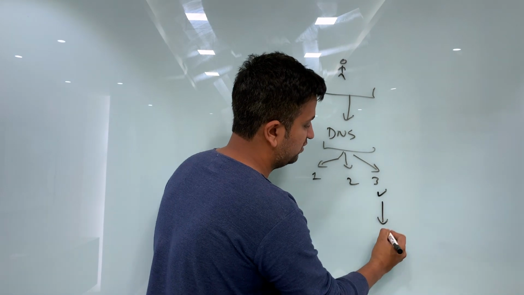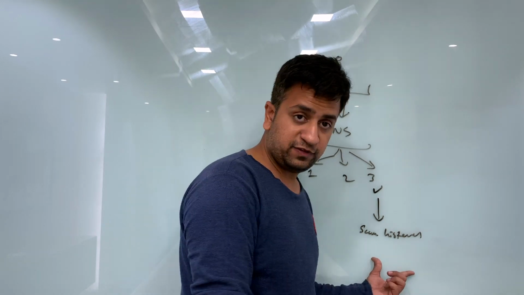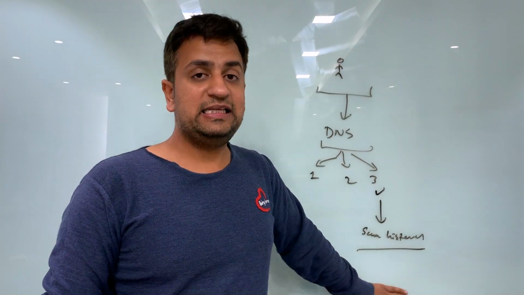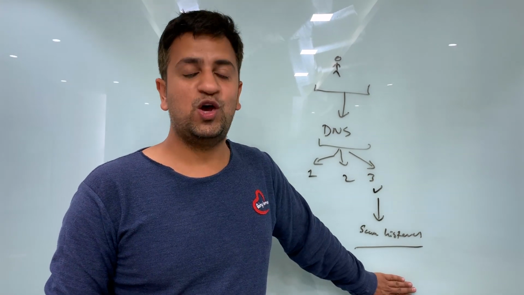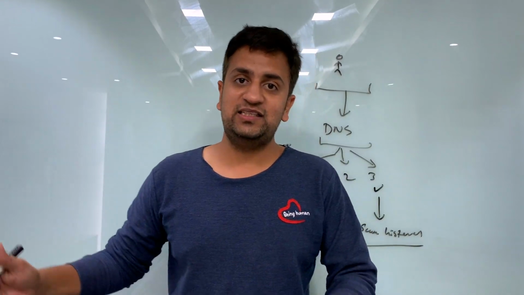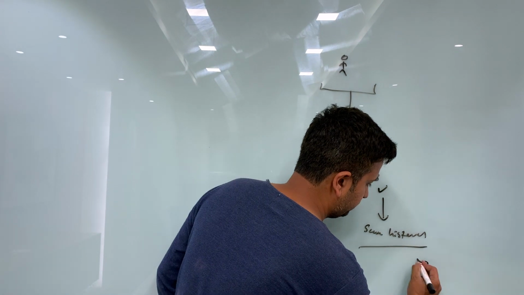Over here you have a SCAN listener which is running, and this SCAN listener has all the details of the load on each node. I'm not going to talk about it right now.